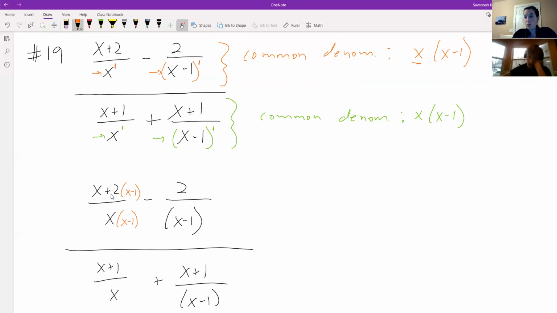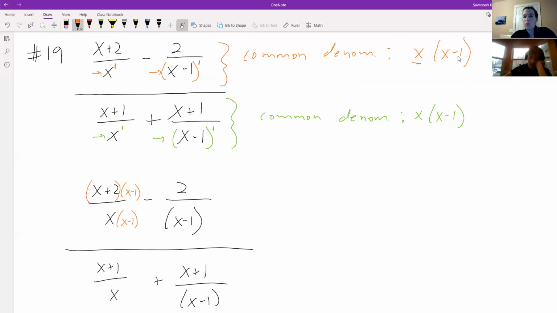Another one of those unfortunate times where it's all on me to remember that that x plus 2 is a single unit, just like that x minus 1. And so I need to introduce the parentheses. The problem won't do it for me. A little bit easier down below, and there are so many options.